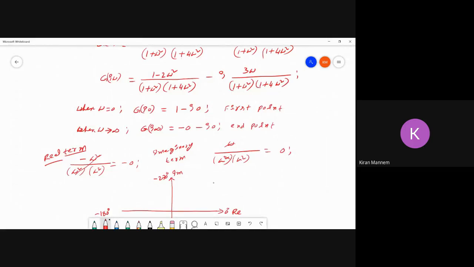If omega is infinity, this is the bigger, larger value, right? So subtracting from 1 a larger value, it's a negative value only. That's why I put minus omega square. And here also, adding 1 to a bigger value would be omega square. Here also, multiplying with 4 and adding 1, also a bigger value. So this is how you have to calculate the real value.